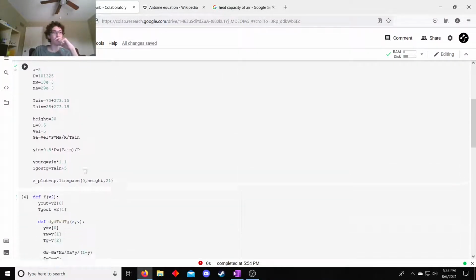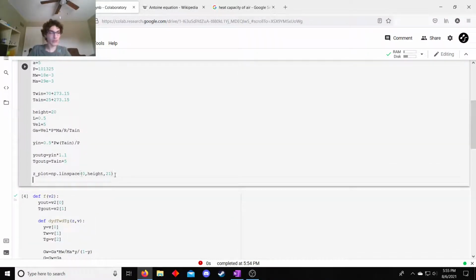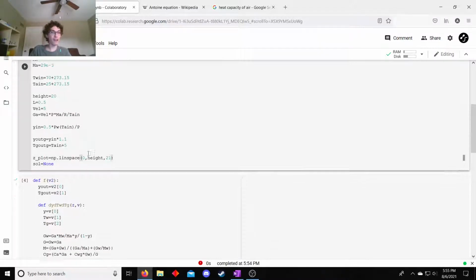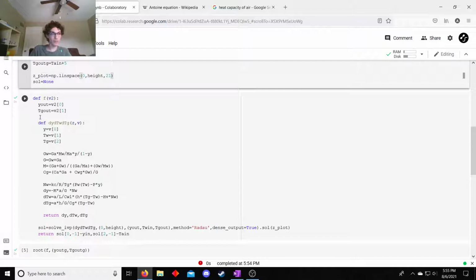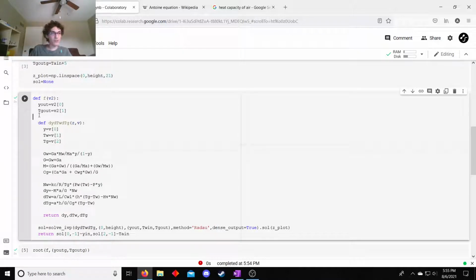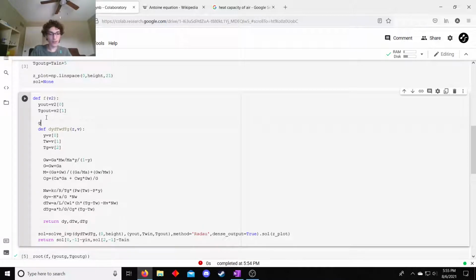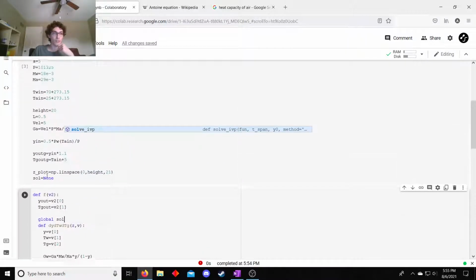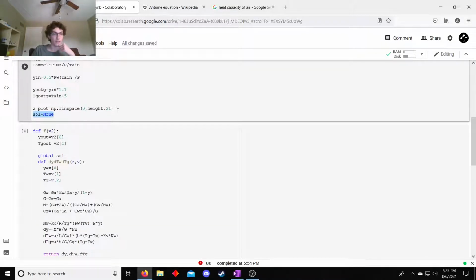So the way we get around this is we're going to go up here and set a variable SOL and say it equals None. It just means there's nothing, but it is defined. There is a variable SOL. Then we will say here global SOL, which means that when we use SOL within this function, it also changes the global SOL up here to the same value.